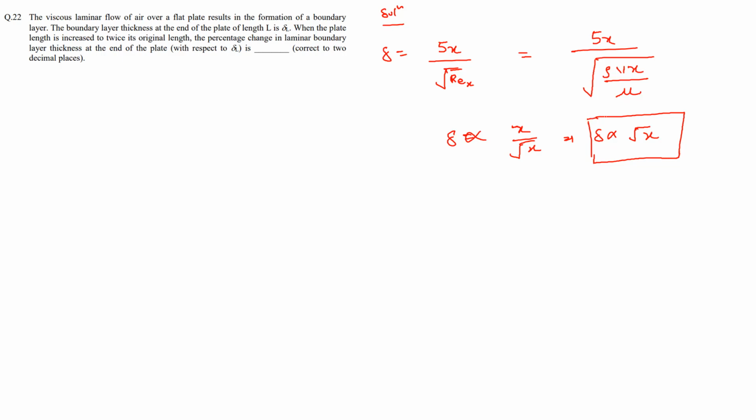So this is a very important result, which means that as x increases, the boundary layer thickness also increases. And this is what you will need when you solve this question.